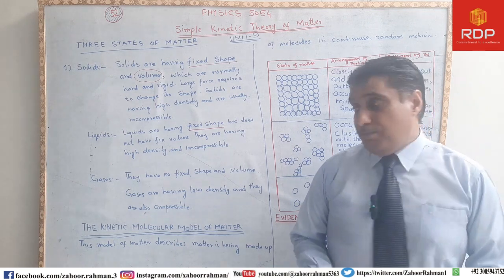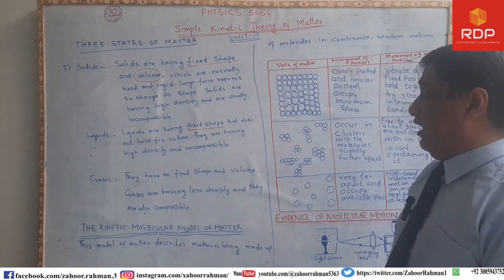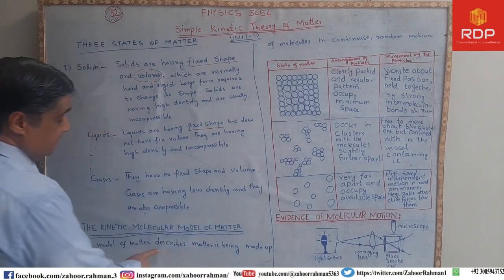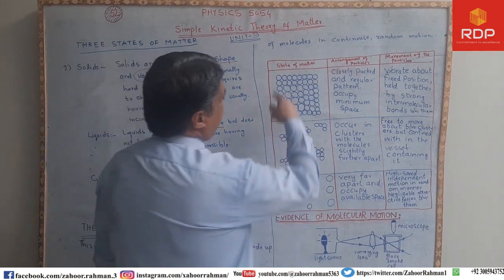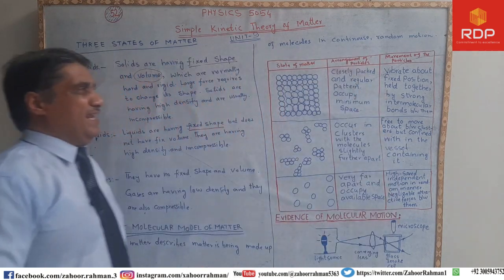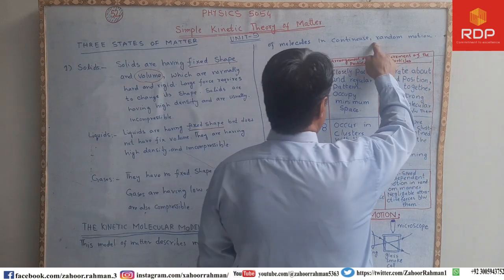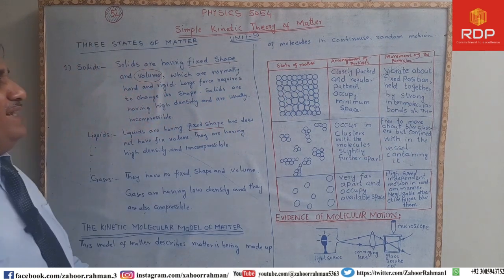That is called the kinetic molecular model of matter. This model describes matter as being made up of molecules in continuous motion, they can never be stopped. Random, haphazard, moving in one direction and another direction.